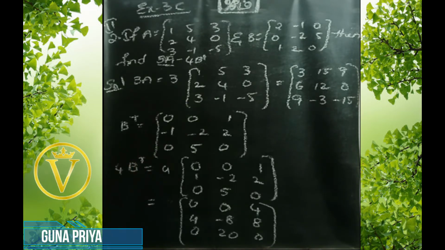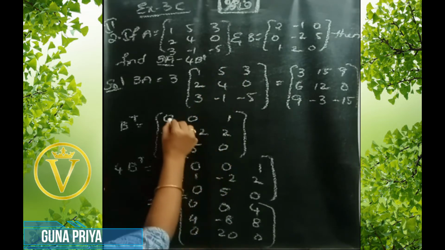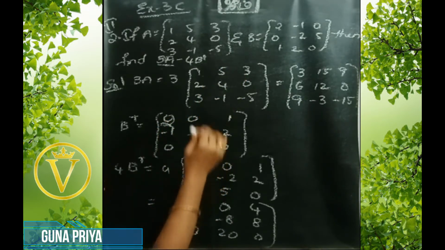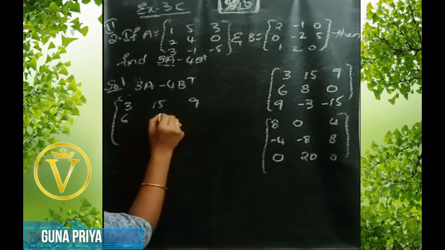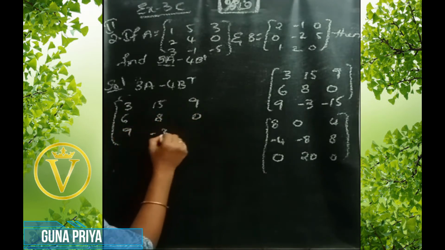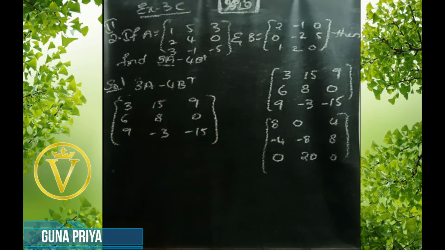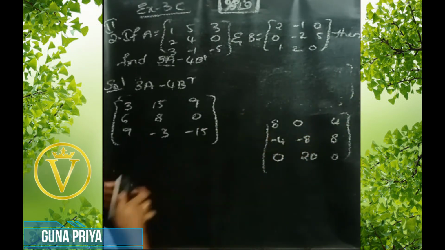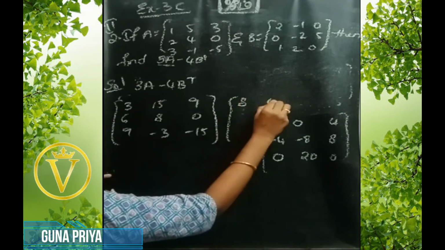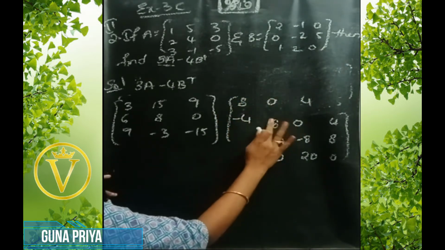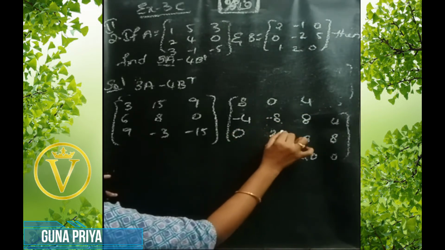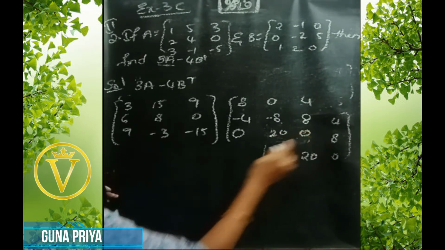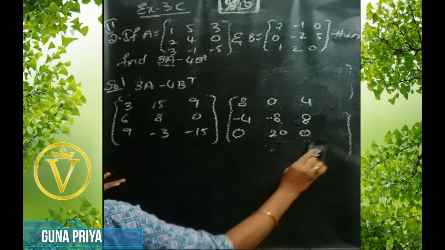Now we have to do the subtraction here. Substituting, this is the 3A, 3 15 9 6 8 0, 9 minus 3 minus 15. Then here we get 8 0 4 minus 4 minus 8 8 0 20 0. So these are the values.